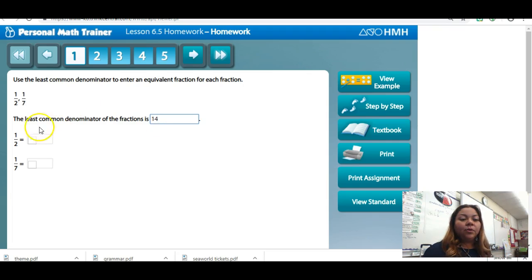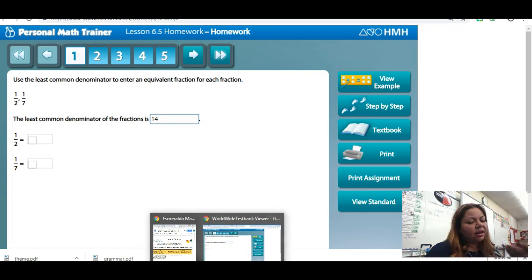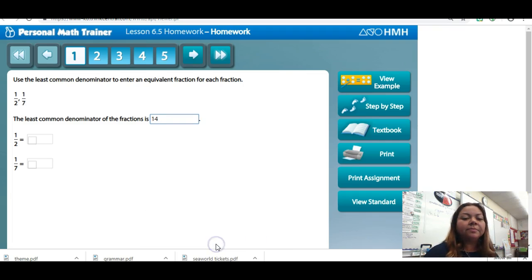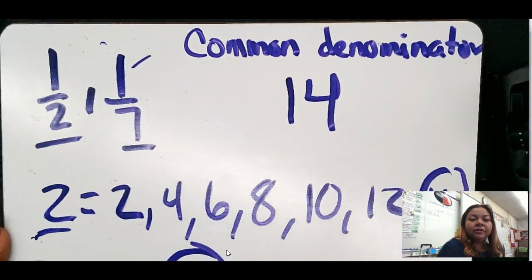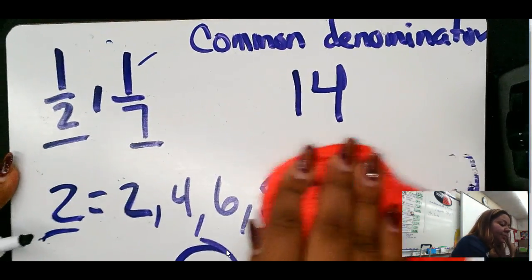And when we say least, it refers to the smallest number that is common in 2 and 7. Okay, so I got a 14, and a lot of you got this, so that's not a problem. Where maybe you might be struggling is finding the equivalent fraction. So let's go ahead and do that now.